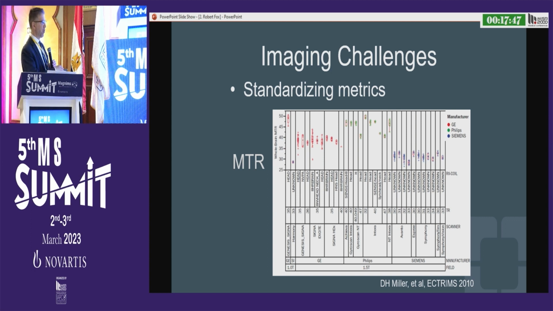And it is according to which manufacturer, so 1.5 T versus 3 T, so strength of magnet, which manufacturer, GE, Philips, or Siemens, and then the different types of magnets and coils within them. And what you can see is that depending on what specific magnet setup you have, the average MTR in the patient's brains may be quite variable.